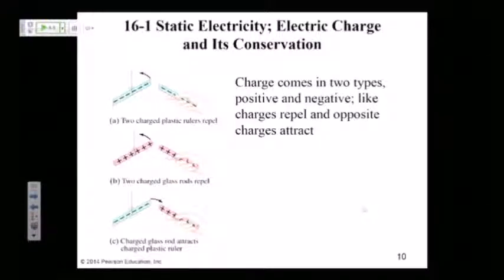You may have positive charge, you may have negative charge, and you may have 0 charge. Some objects will carry 0 charge. This doesn't mean that there are no charges there. No, there are charges, but the positive are equal to the negative so that the net charge is 0. So charge comes in two flavors, negative and positive, in addition to neutral or 0. There are equal amounts of positive and negative charges.